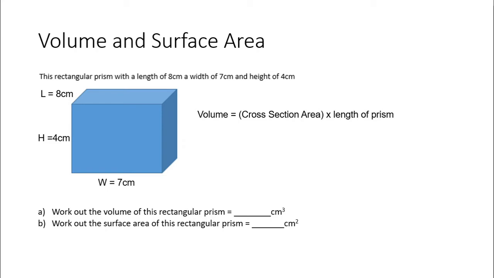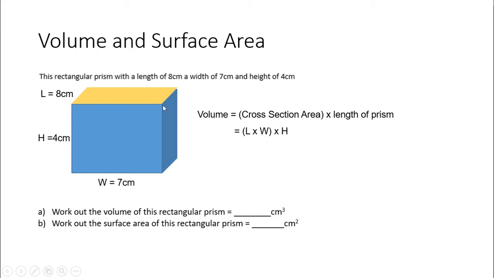But if I'm going to use the formula for the area of the cross-section face, and all of these faces are rectangles, if I'm going to say that that's length times width, I'm going to say that this top face is my cross-section face. Because here I can see that for this rectangle, length is 8, and width will be the same as this width that I've labeled down here.